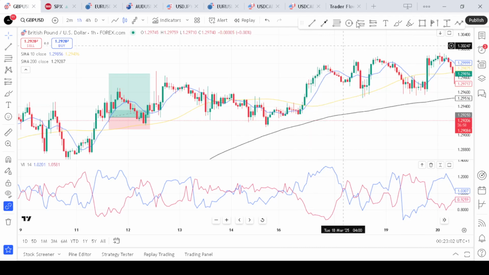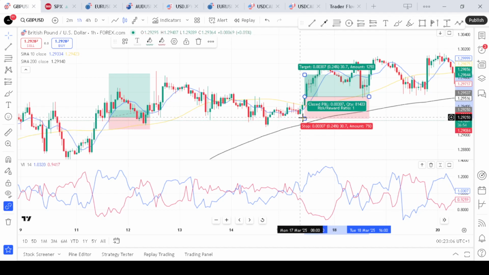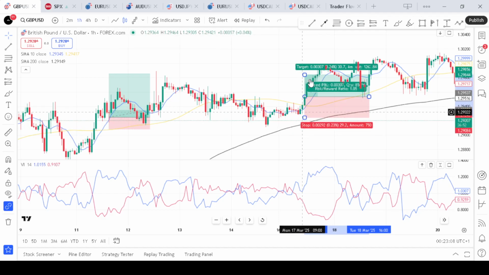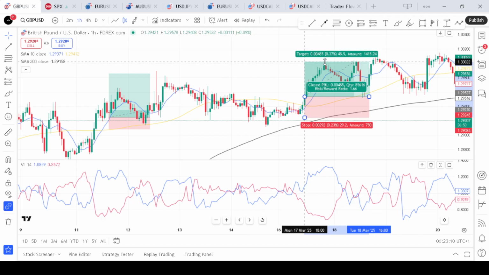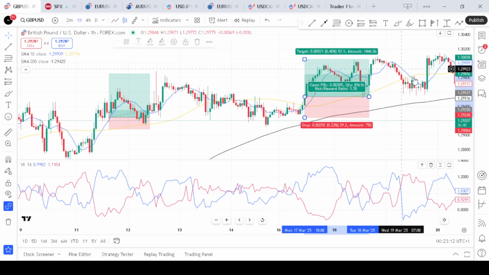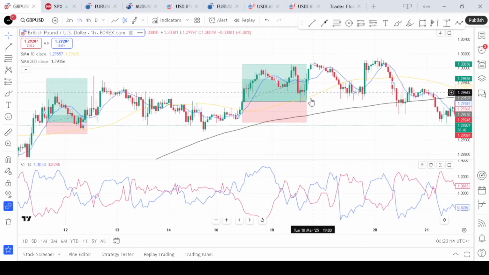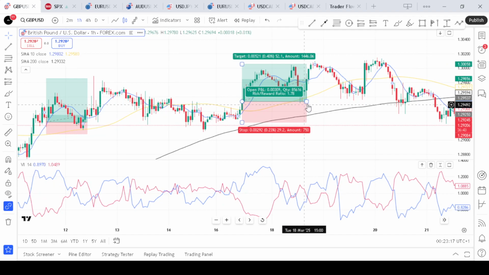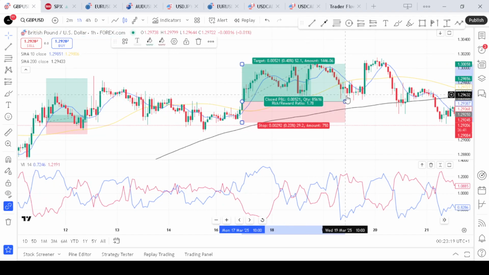This is a good signal for us to enter a long position. We place our stop loss just below the recent swing low, and we aim for a 1:2 or 1:1 risk to reward ratio.